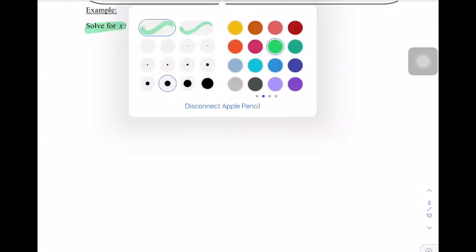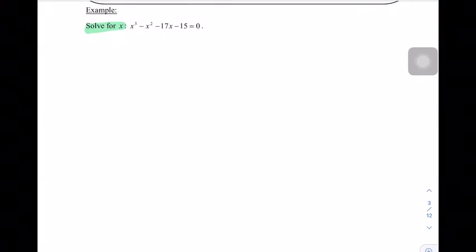The key important thing is the constant term of your cubic equation. This one has x cubed, this one has x squared, this one has x, and this one is without any variable, so it is the constant. So that means 15 is the product of roots.